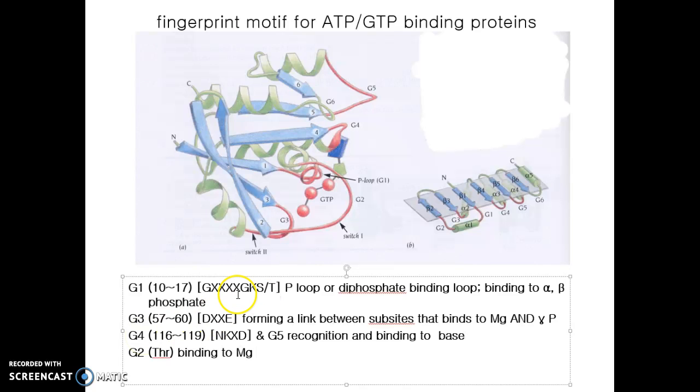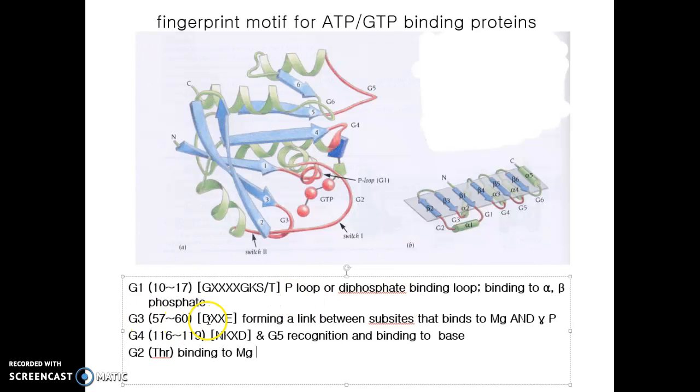You can see the conserved sequence for G1, G-x-x-x-x-G-K-S or T, called the P loop or diphosphate binding loop. It functions in binding to the alpha and beta phosphate.